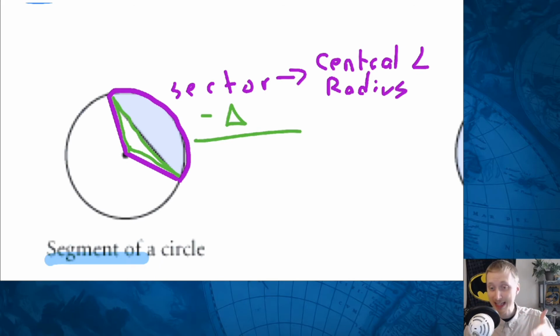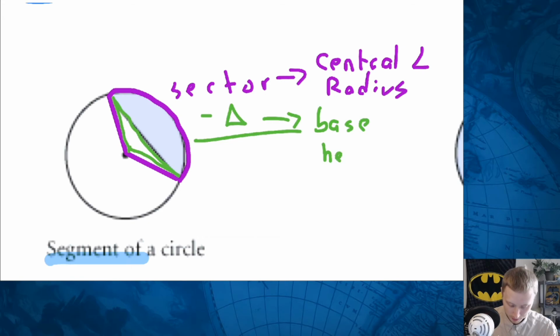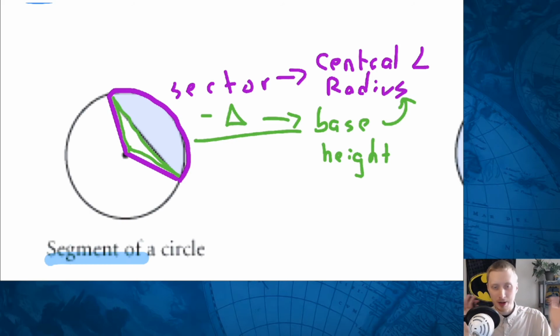The other thing to look at is then the triangle. What do I need in order to solve for the triangle? I'm going to need the triangle base and height. One of these things will be the radius. Okay? Which one? It depends on exactly how you're labeling them.